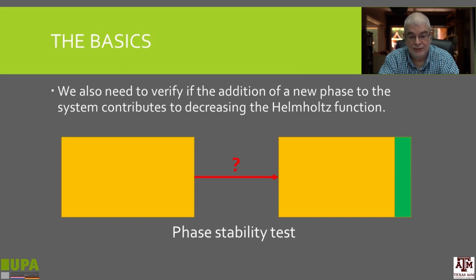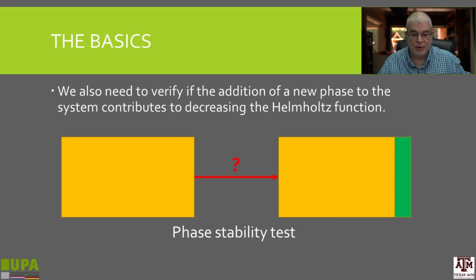We can derive this phase stability test using different thermodynamic potentials. Michelsen's work in 1981 used the Gibbs energy, but you can replicate that type of derivation using other potentials. You can start with entropy or internal energy, or in the case here, an expansion of the Helmholtz energy.